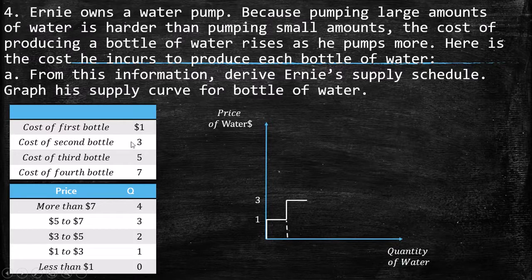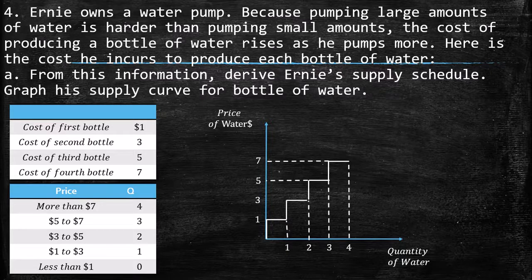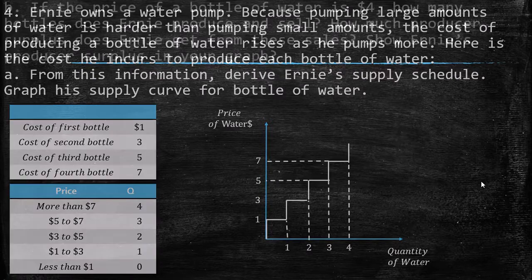When the price is 3, he will produce 2. When the price is 5, he will produce 3. When the price is 7, he will produce 4. And automatically when the price is higher than 7, he will produce 4.